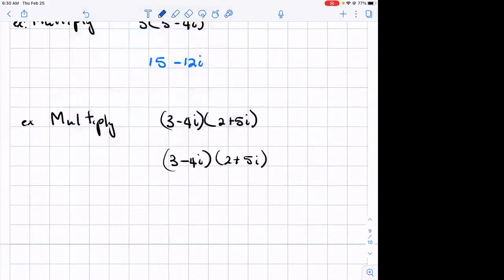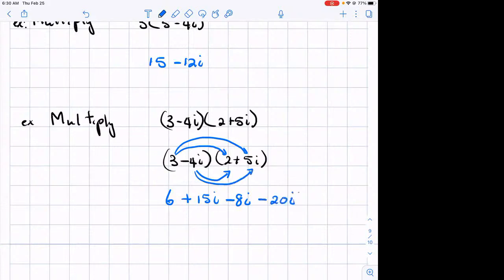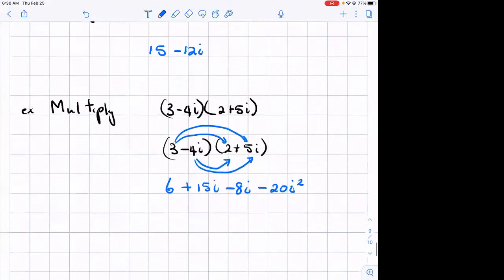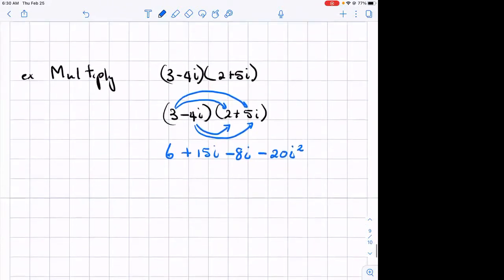We multiply 3 times 2, which is the first term, so that becomes 6. Then we multiply 3 times positive 5i, and that becomes positive 15i. Then we multiply minus 4i times 2, and this becomes minus 8i. And then we have minus 4 times positive 5i. This becomes negative 20i squared. Okay. So i times i becomes i squared.